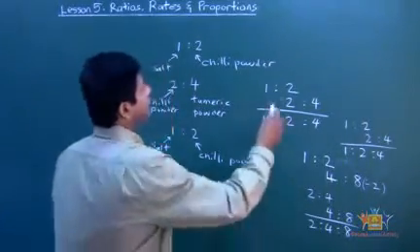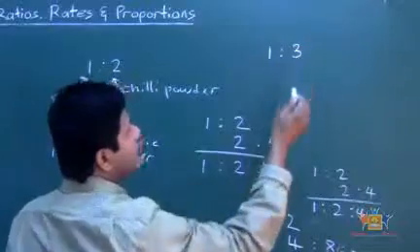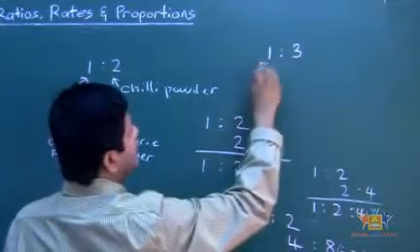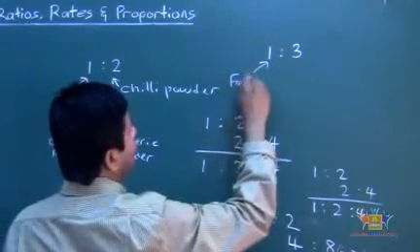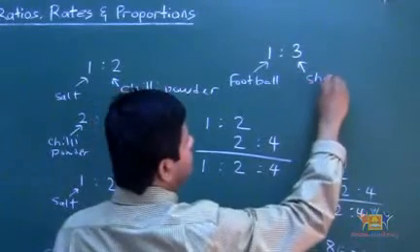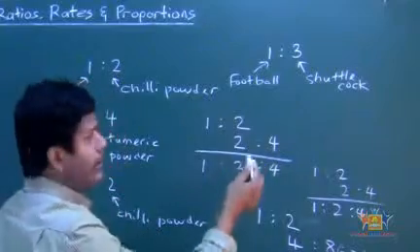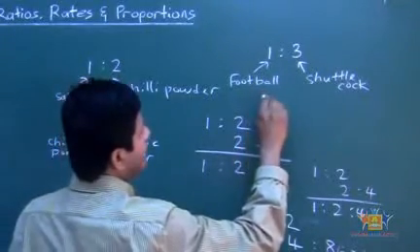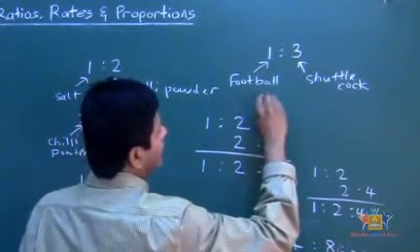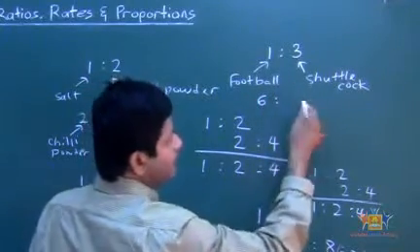Let's say Mr. Mac gives you one ratio of 1:3. Let's say this is the football, and this one is the shuttlecock. And then I give you another ratio. Let's say 6 and 5.